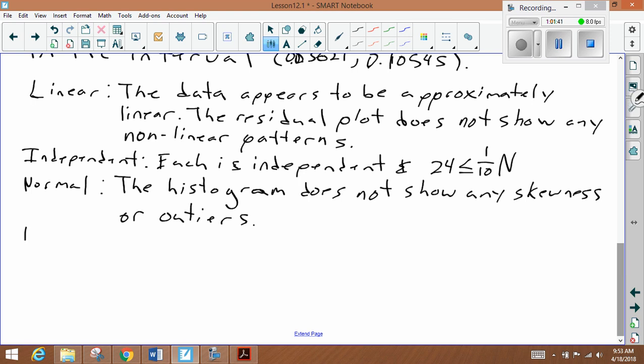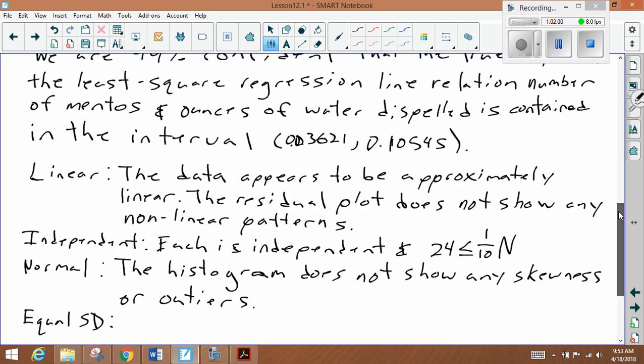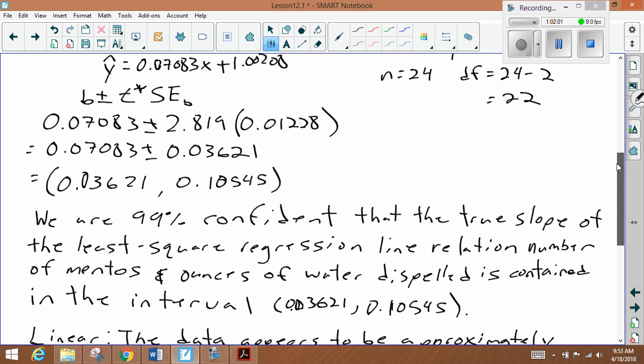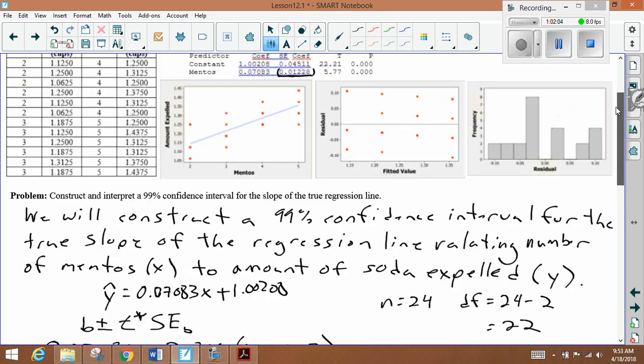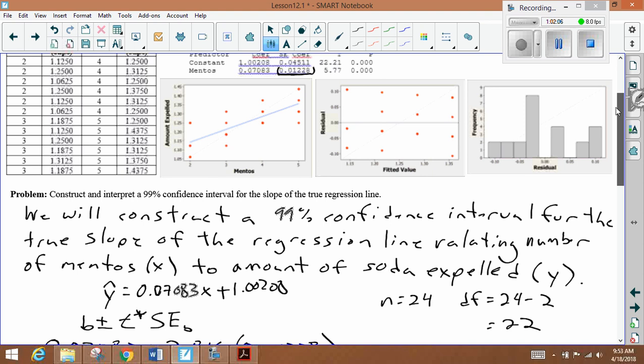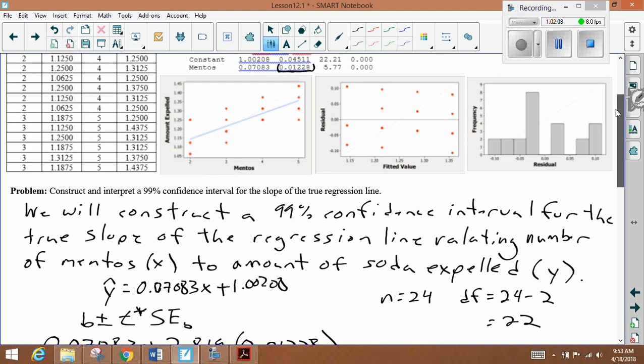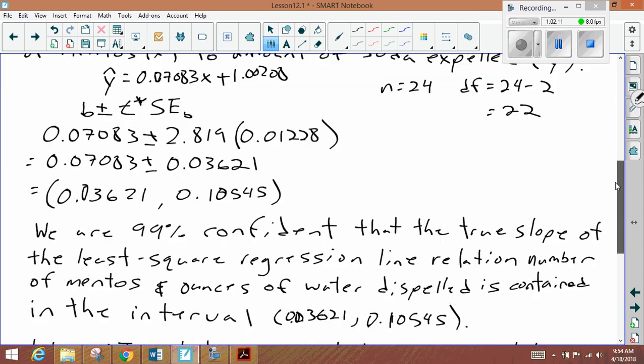Then the pattern of our scatter plot shows that standard deviation was approximately constant.